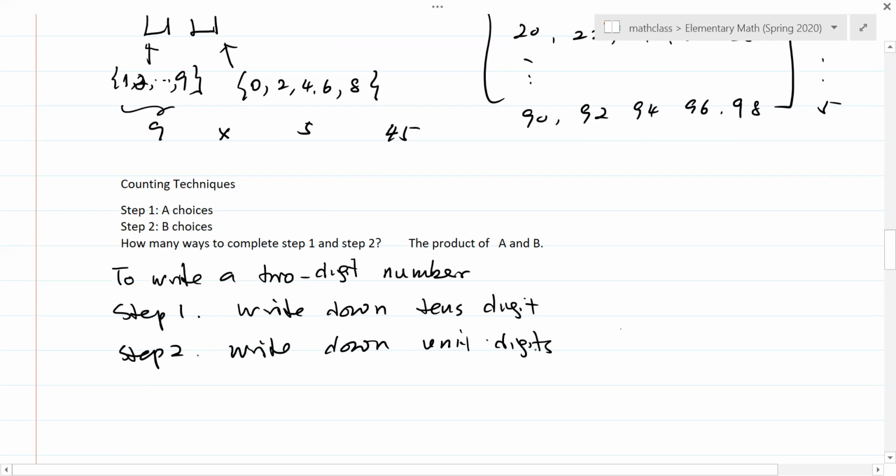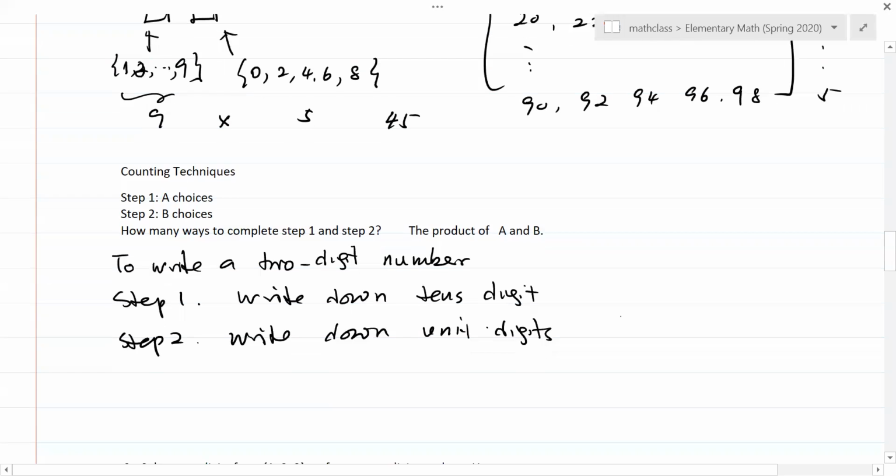If you only consider even numbers, then you can count how many even digits there are.